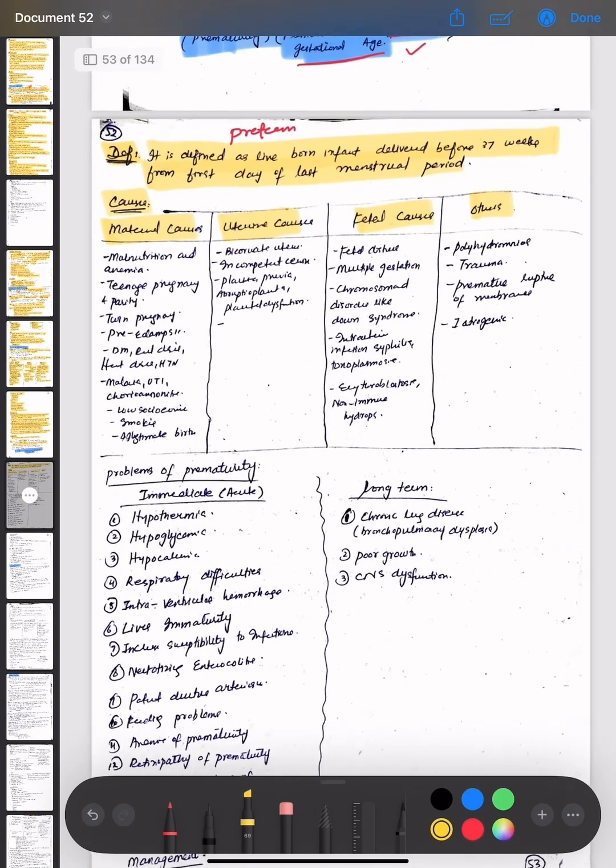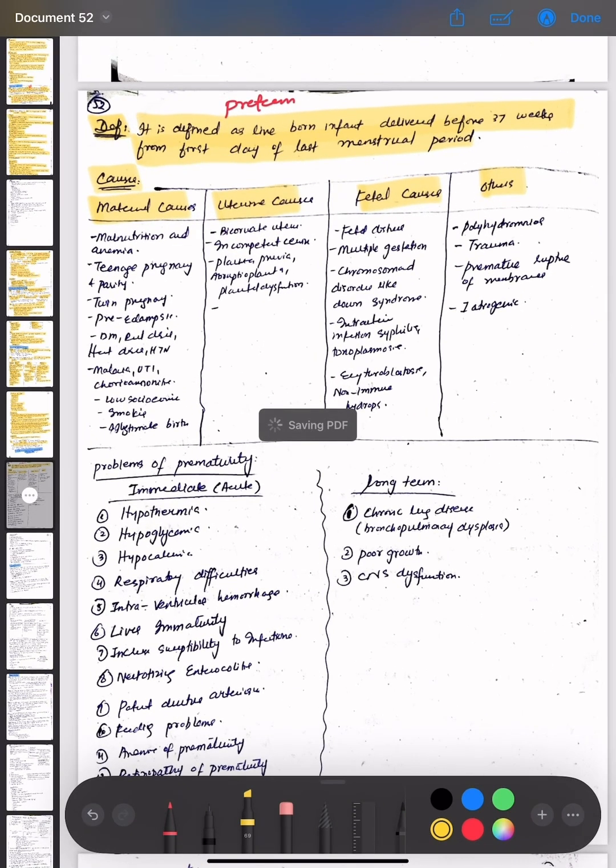The maternal causes are malnutrition and anemia, teenage pregnancy and parity, twin pregnancy, preeclampsia, diabetes mellitus, renal disease, heart defects, hypertension, malaria, UTI, chorioamnionitis, low socioeconomic status, and smoking.